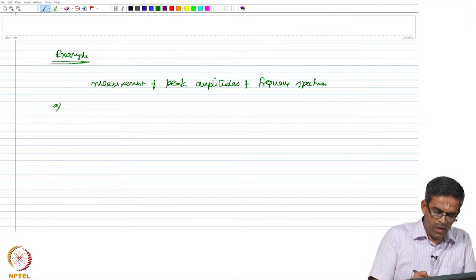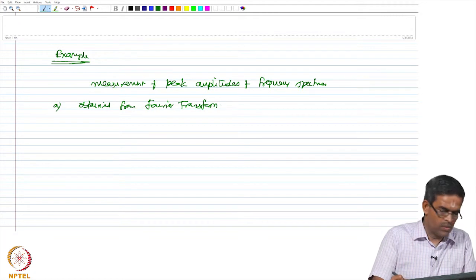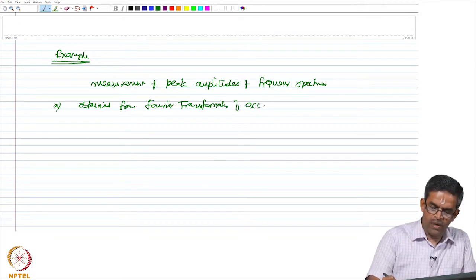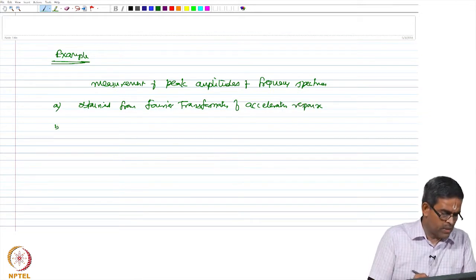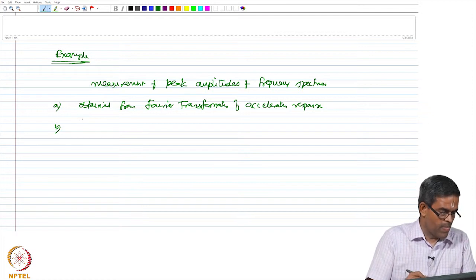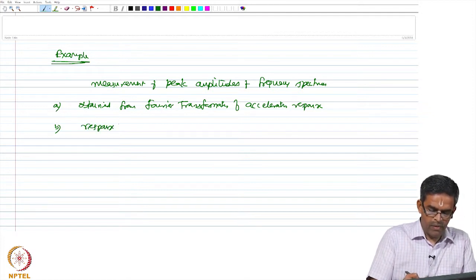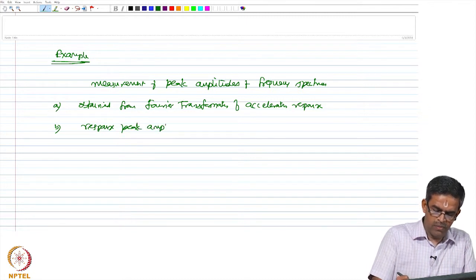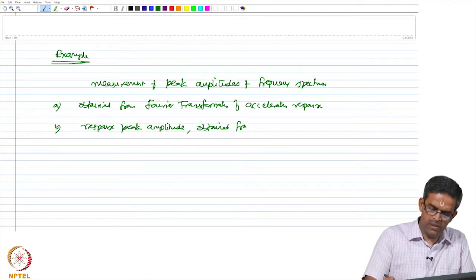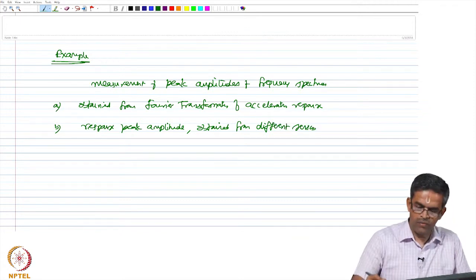One value is obtained from the Fourier transformation of acceleration response. The other one is response peak amplitude obtained from different sensors of the same structure.